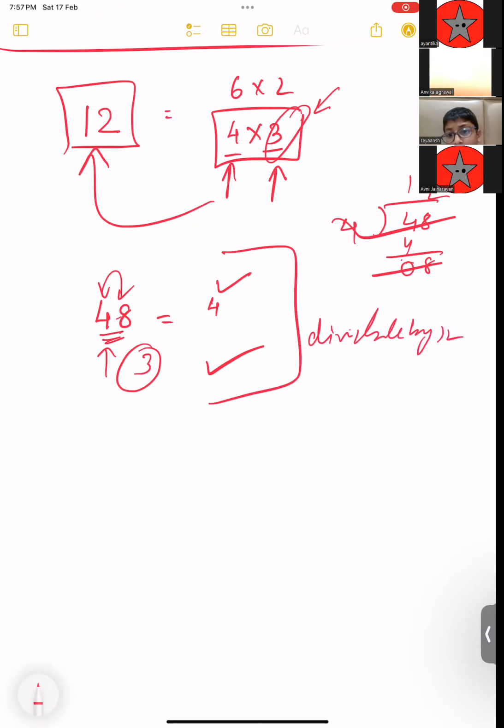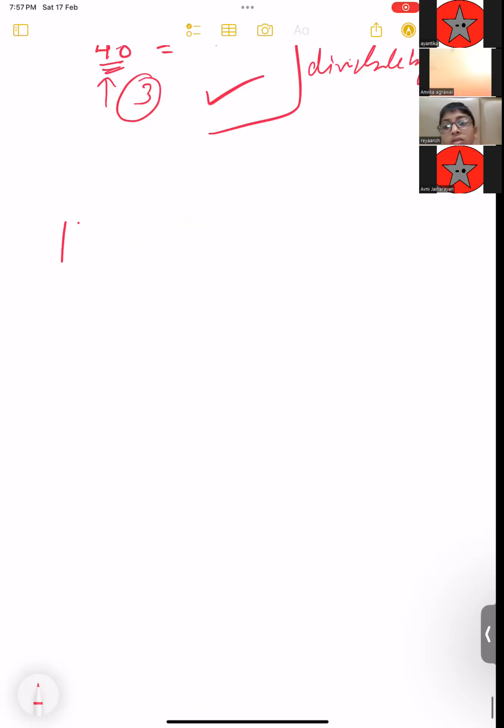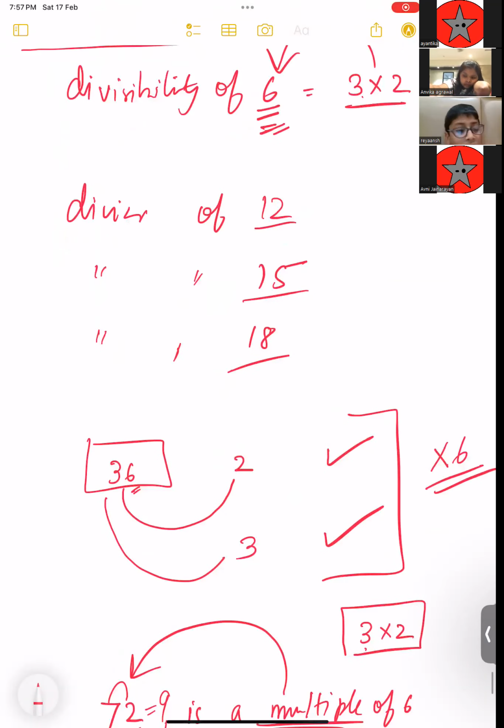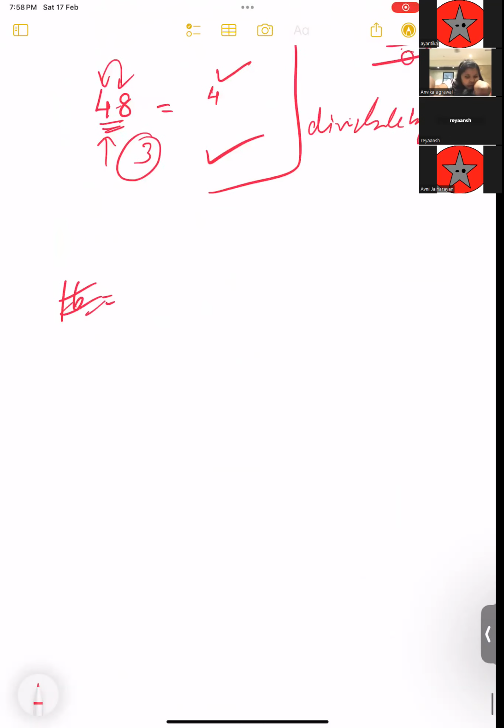Okay? Now I had said 15, right? Which two co-prime numbers are going to be here so that we can test the divisibility? 6 and 7?